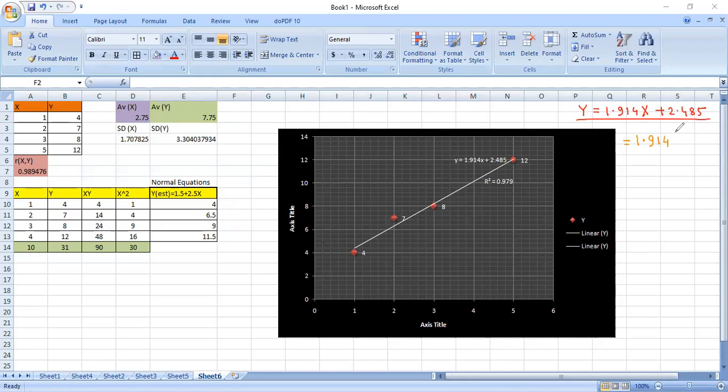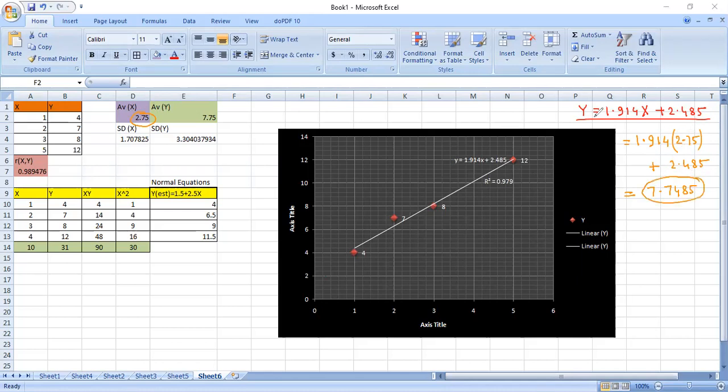if I substitute the value of x to be 2.75, and if I do the calculation, let's see what comes out of it. 1.914 multiplied by 2.75 plus 2.485 will give you 7.7485.